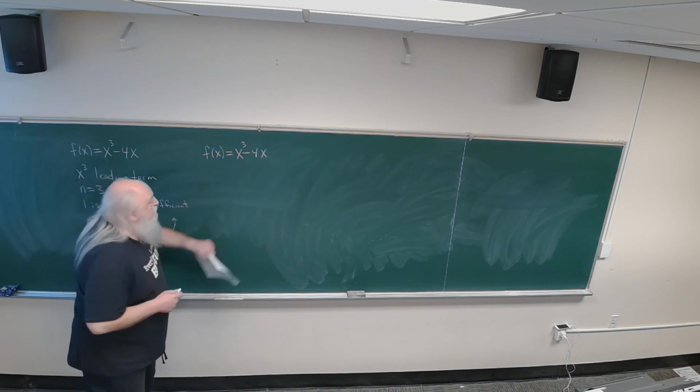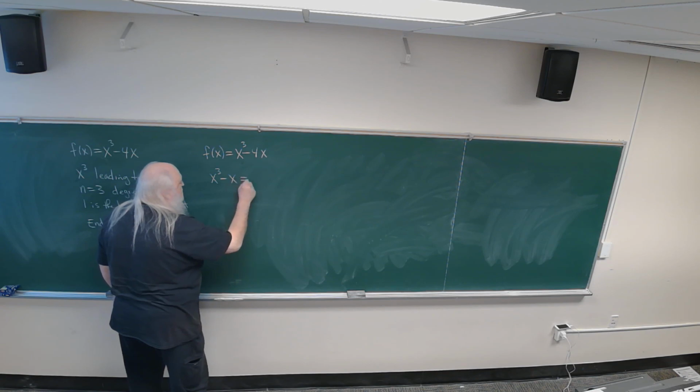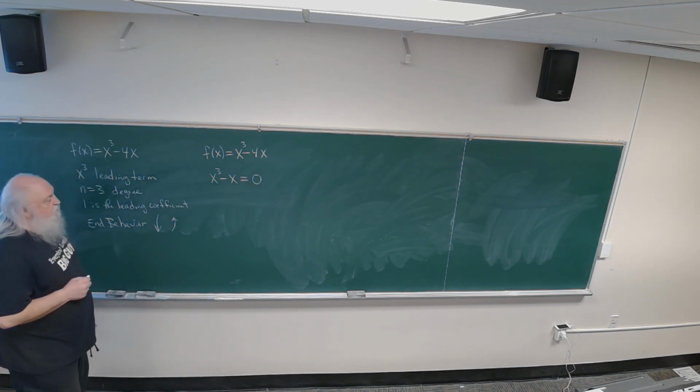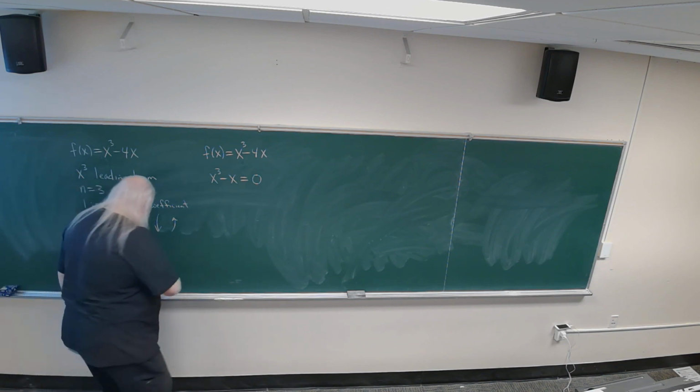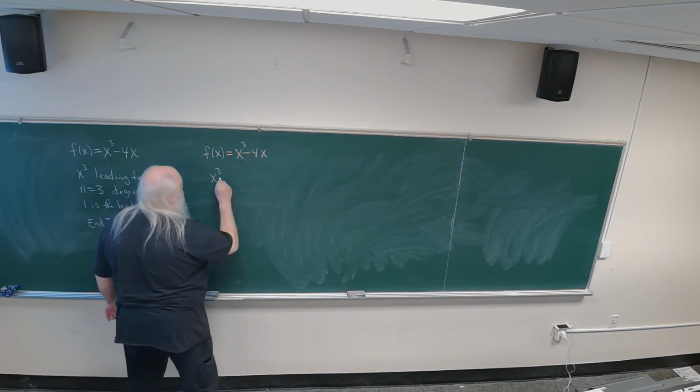So set x cubed minus 4x equal to 0, the right-hand side equal to 0. I've got it written right up there on top.